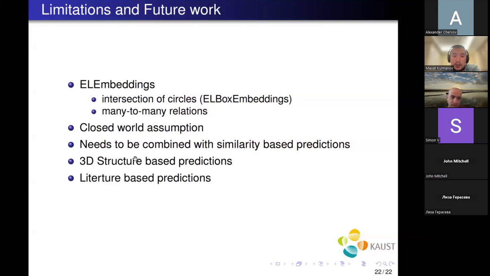We also don't directly learn from 3D structure-based predictions here. So that's one direction. We are trying to also incorporate or directly learn it, because sequence encodes structure, and the structure defines the function of the protein, right? And we also don't combine, for example, literature-based predictions, which are also important if you want to win CAFA, in my opinion.